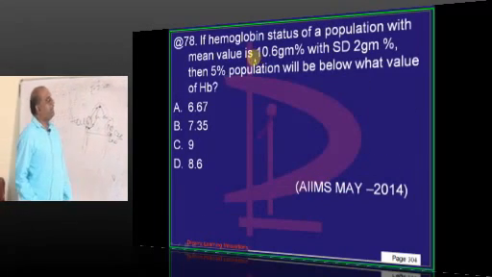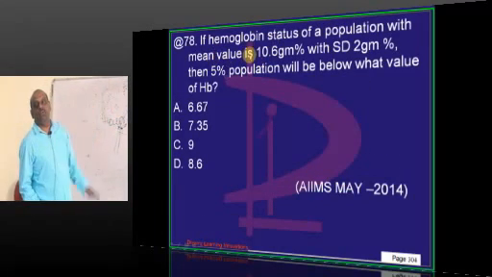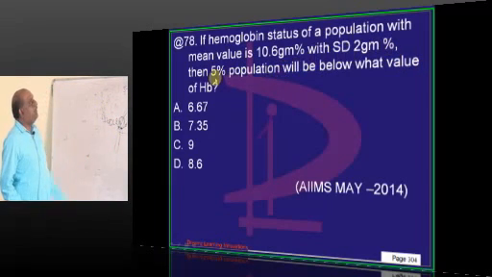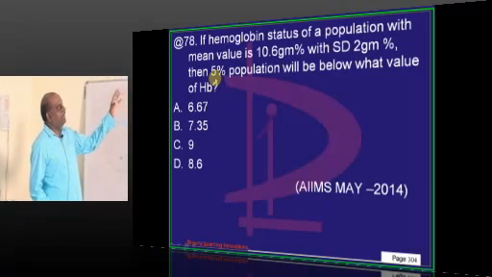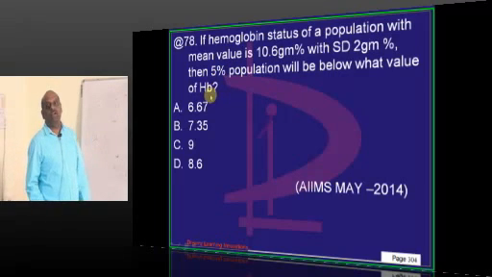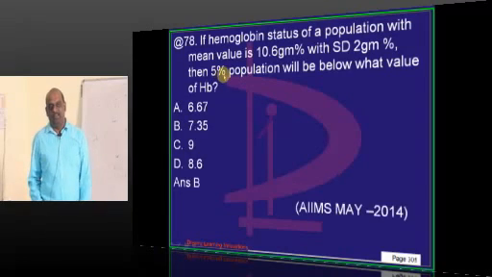Now doctor, hemoglobin status mean value was given as 10.6, standard deviation was 2. Then what value of Hb will 5% be below? Simple, you must know the rule of standard deviation.